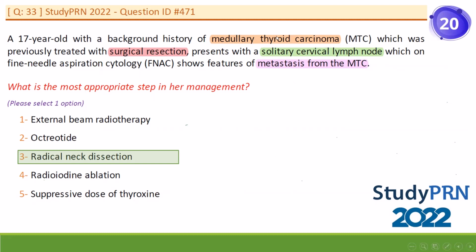Dr. Khalid asks: in medullary thyroid carcinoma, shouldn't radical neck dissection have been done from the beginning with the resection of the gland? But actually, for medullary thyroid carcinoma they usually resect level 6, so they are not doing radical lymph node dissection, just level 6.